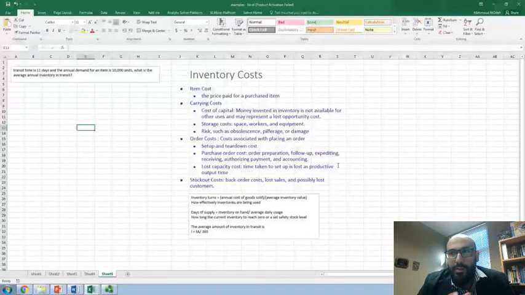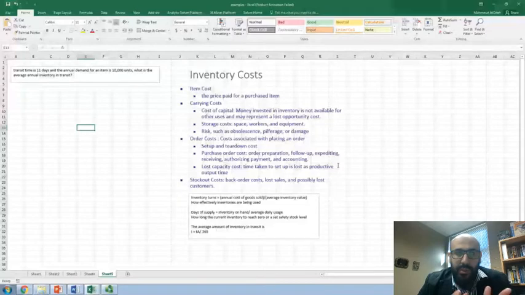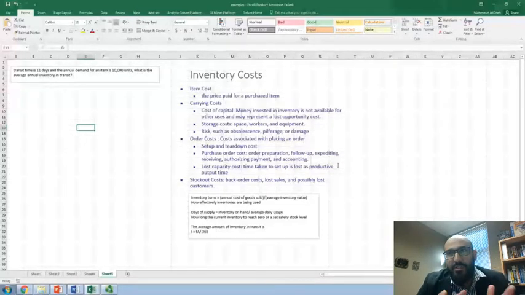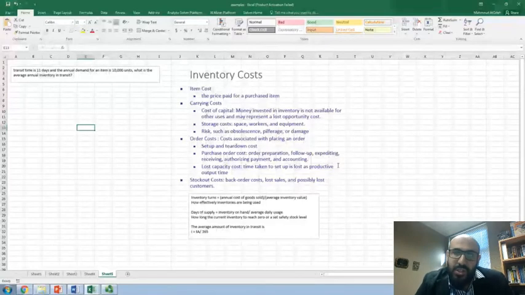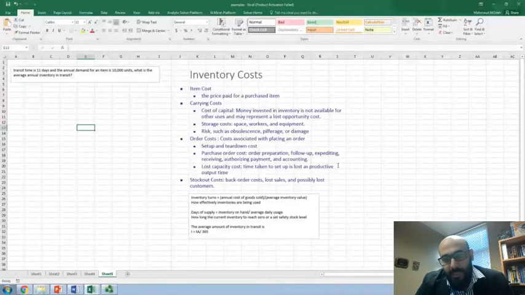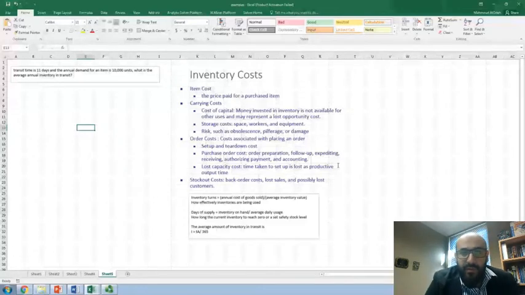Or you tell one of the employees, I don't want you to focus on your work these 2 days, I need you to focus on installing the machine. This is considered a lost capacity. You're losing the worker's capacity, and you give him another work to work on. This is what we consider a lost capacity cost, and it is part of the ordering cost.